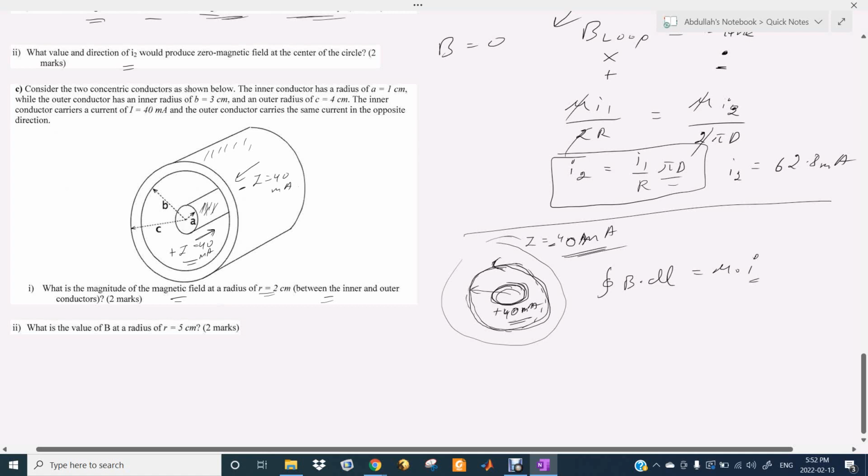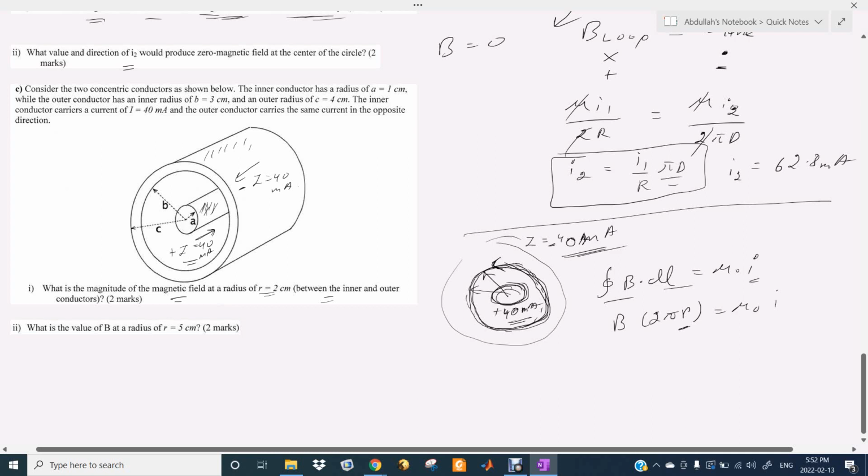And this one has a radius of 2, you know this radius. What's the line integral for this circle? This region is a circle with a radius of 2, so the line integral has to be 2 pi r, r being 2 centimeter, and this I is basically 40 milliampere.